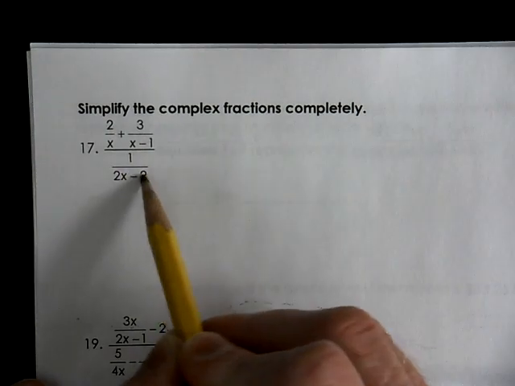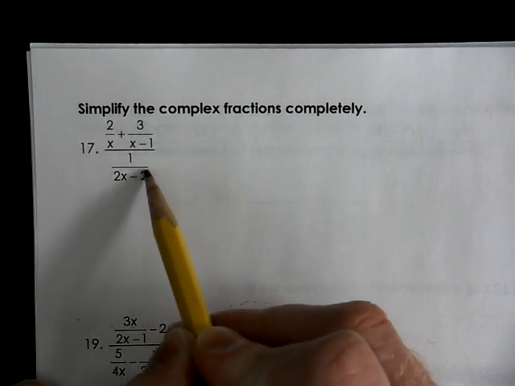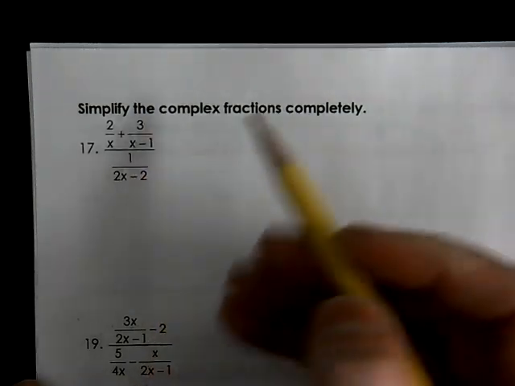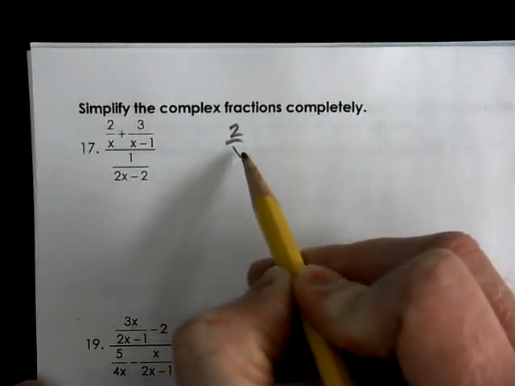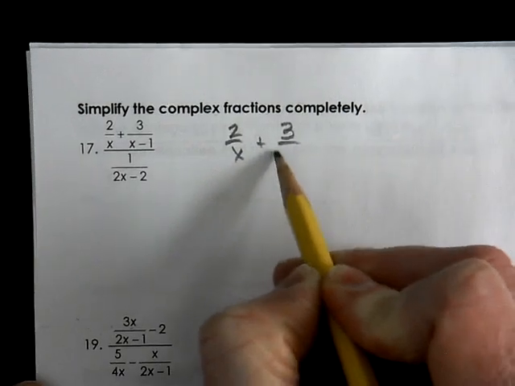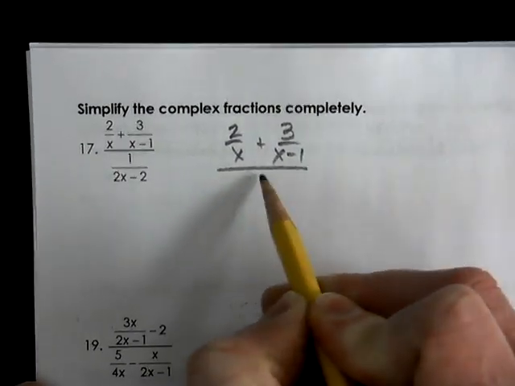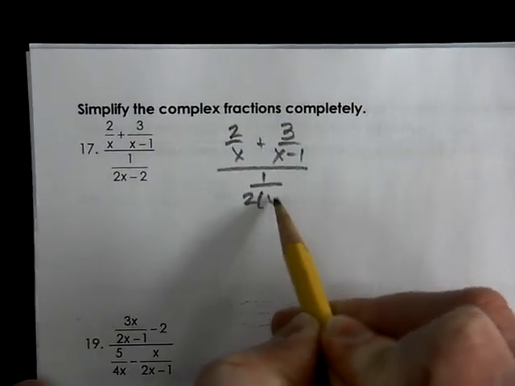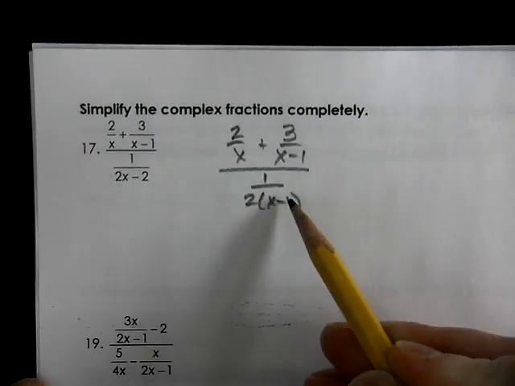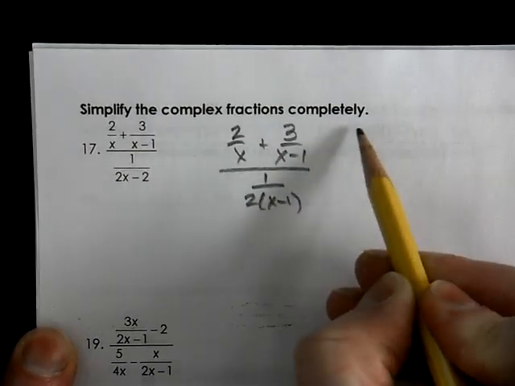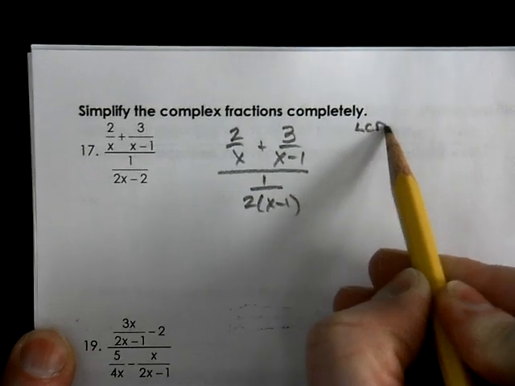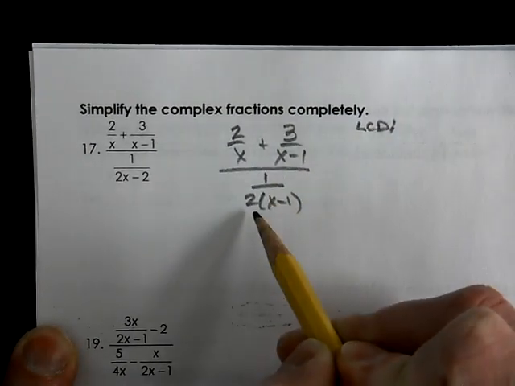So what we're going to first do is I would notice here and I would factor that. So I would suggest factoring these down. Now I'm looking for my LCD, least common denominator, for all of these fractions.